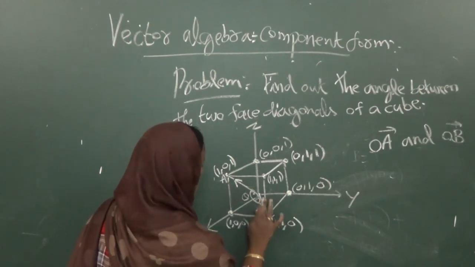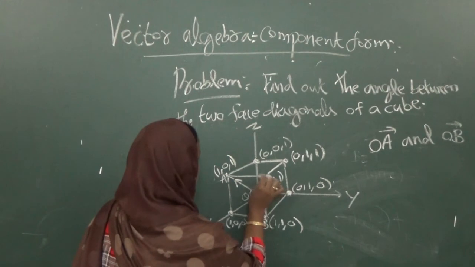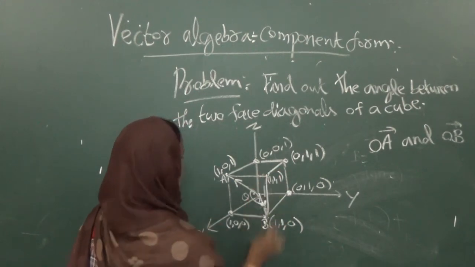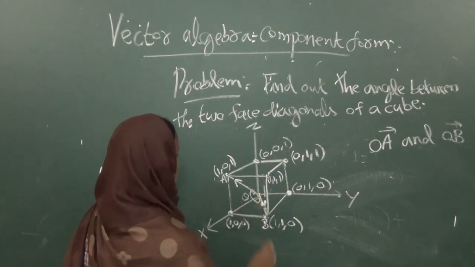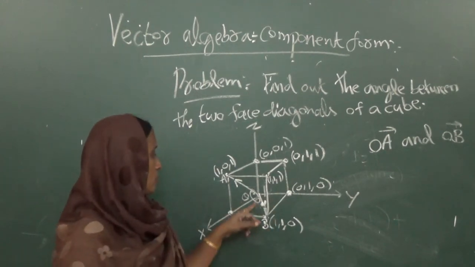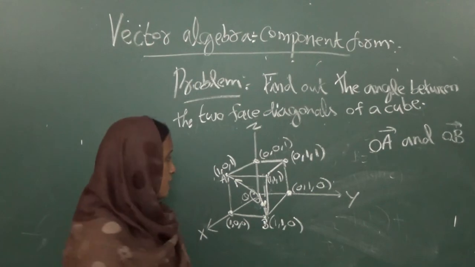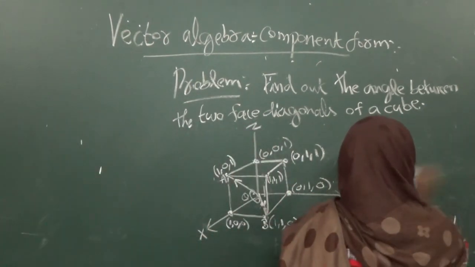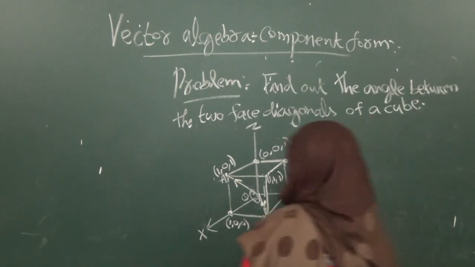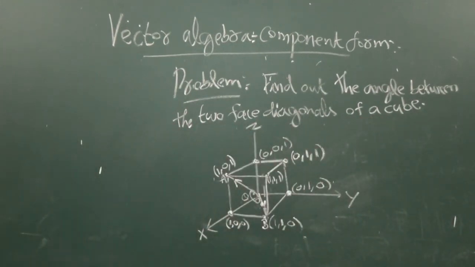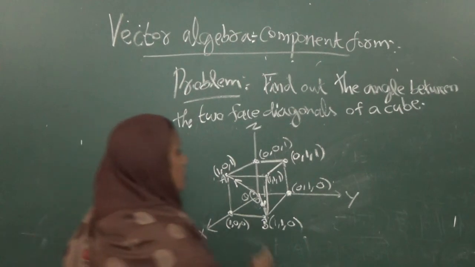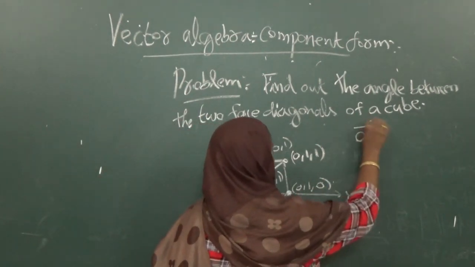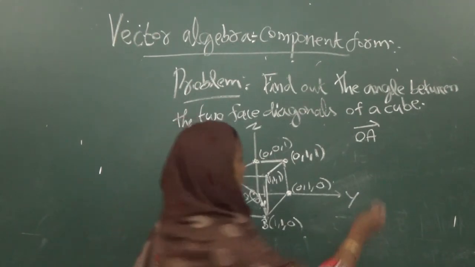This is the face diagonal OB. So from this diagram, now you can write vector OA, one of the face diagonals.